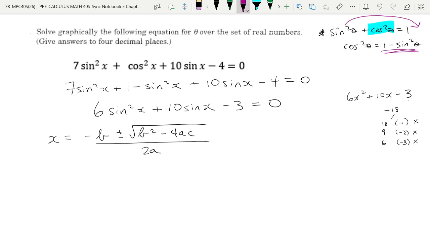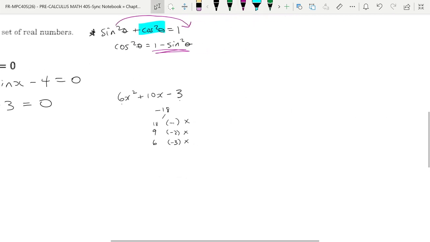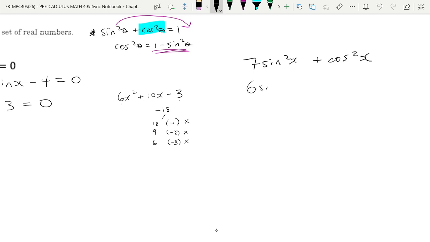There is another way you could think about it. Can I point out to you, if you don't like rearranging it like that, notice what I had was 7 sine squared x plus, that's supposed to be an x. Sorry, that's terribly drawn. Plus cos squared x. Notice I could say this.